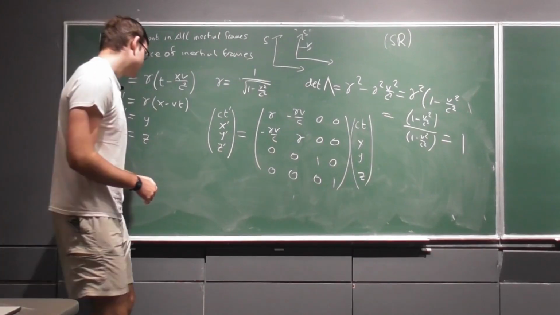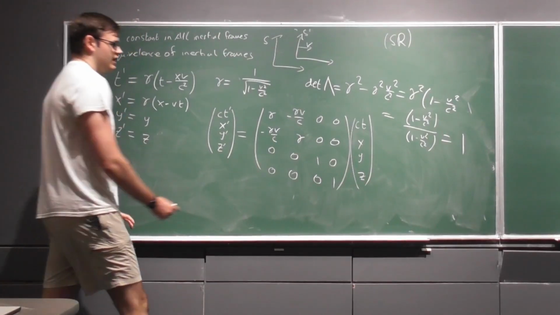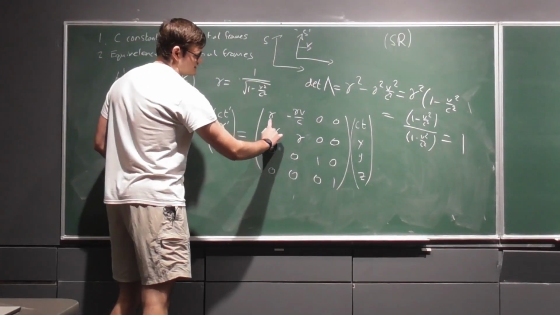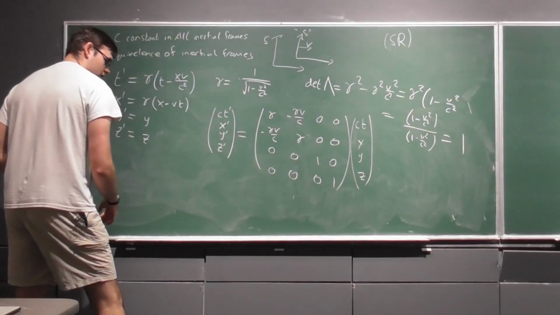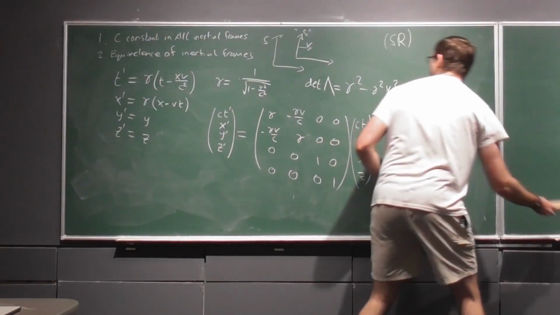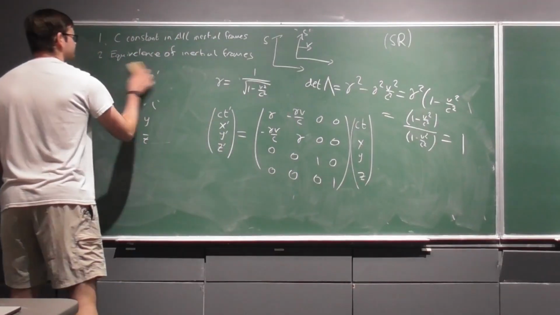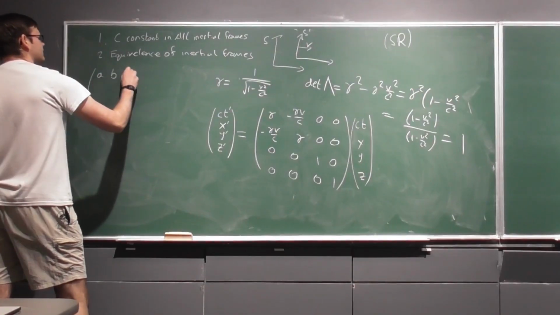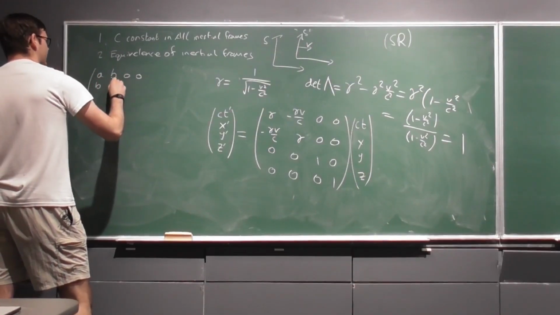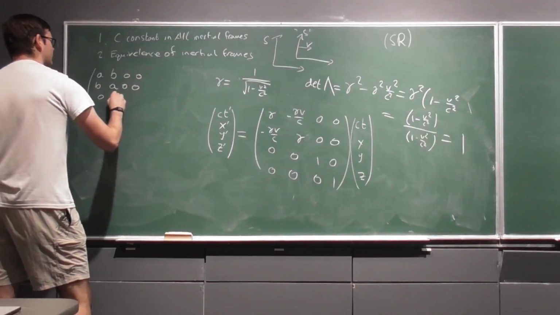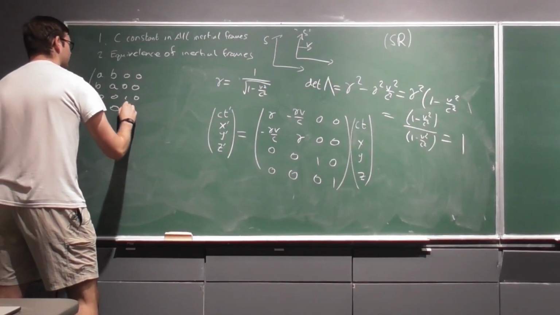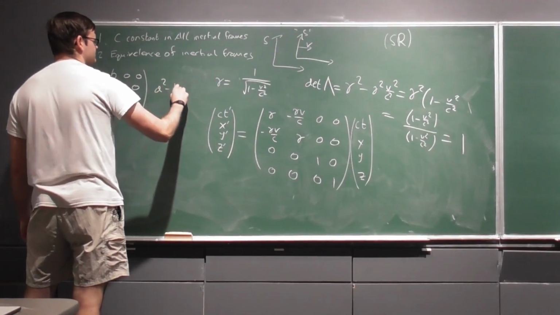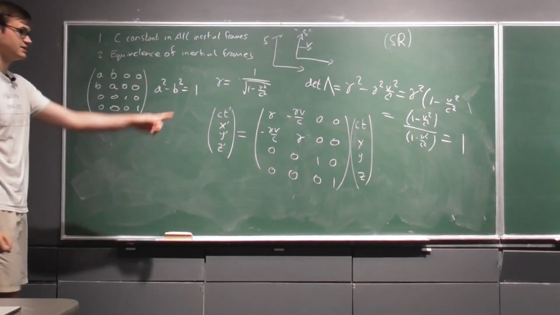Okay, so if the determinant of this matrix is 1, and these upper 4 components are what I care about, and these 2 components are the same, these 2 are the same, then I can write it something like this: A, B, 0, 0, B, A, 0, 0, 0, 0, 1, 0, 0, 0, 0, 1. Now the determinant of this is just a squared minus b squared equals 1, as we showed over there.